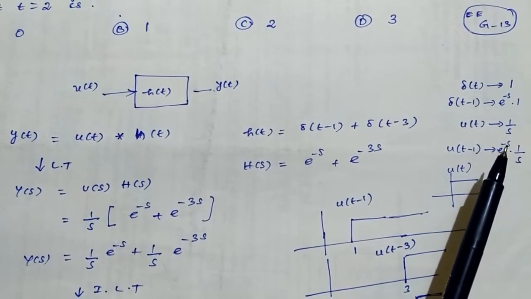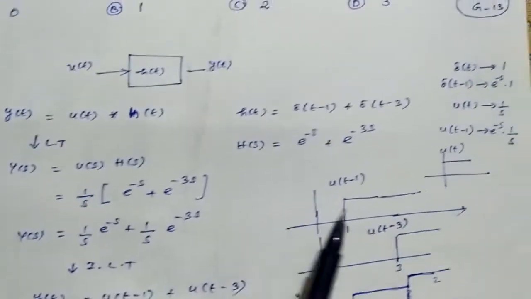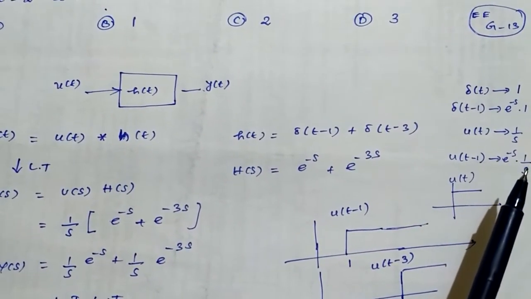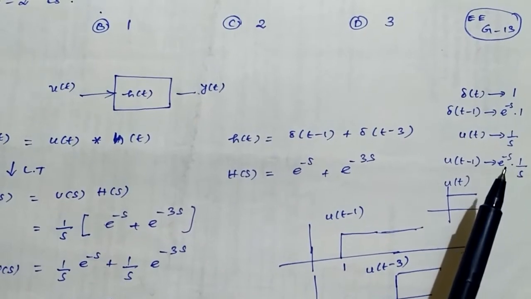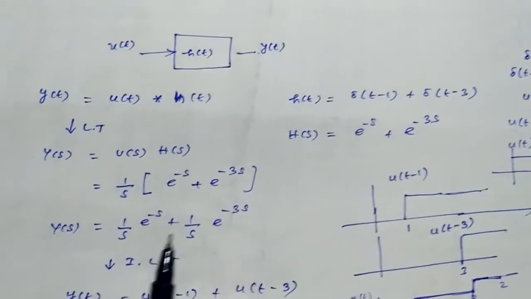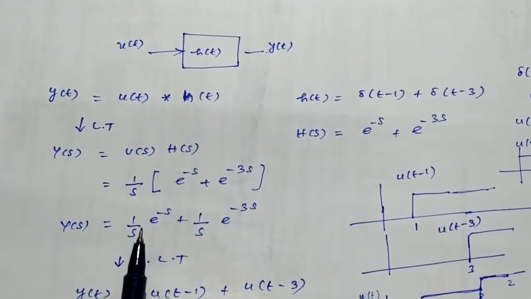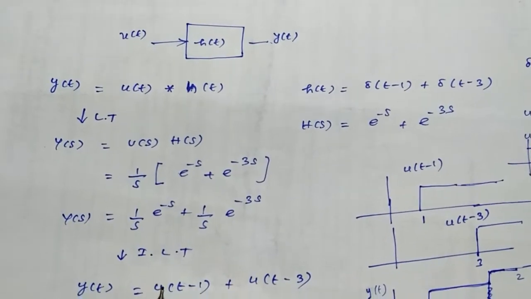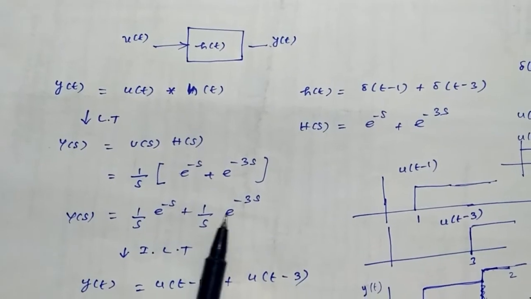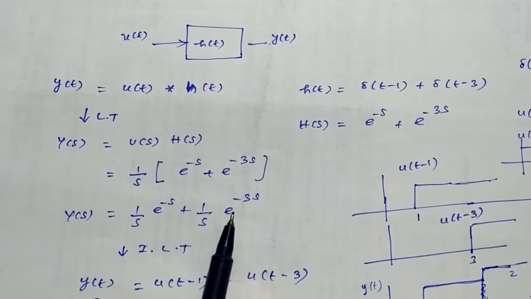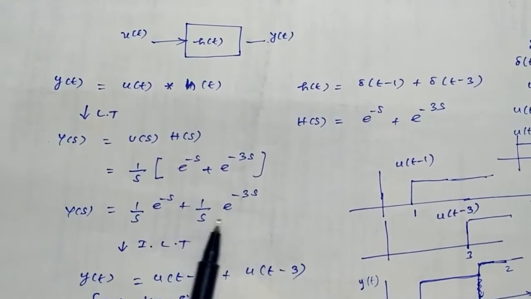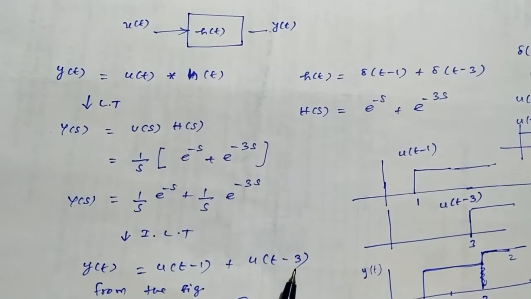So the Laplace transform of u(t−1) is e^(−s) times 1/s. Otherwise, e^(−s)/s has inverse Laplace transform u(t−1). Similarly, here the inverse Laplace transform of the second term is shifted by 3, so we get u(t−3).